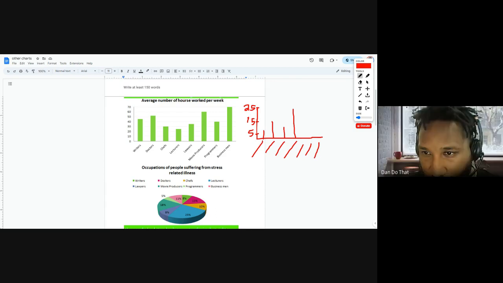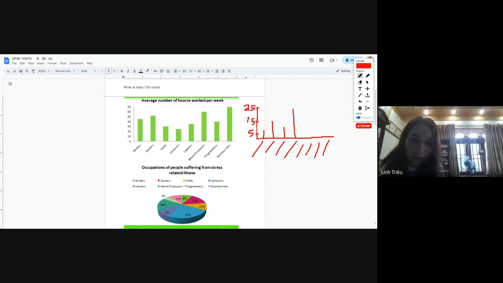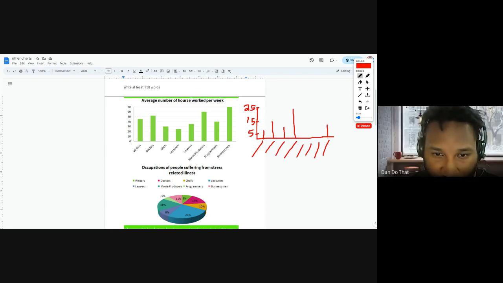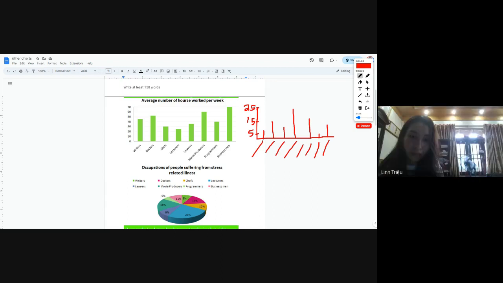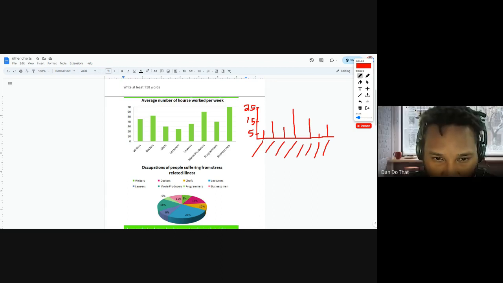So businessmen is at 11. There. Programmers is at 5. That's very low. Movie producers at 18, a little higher than 15. And then what's purple? Is this lawyers? Lawyers at 8. So there.